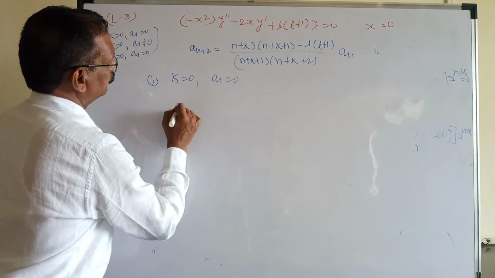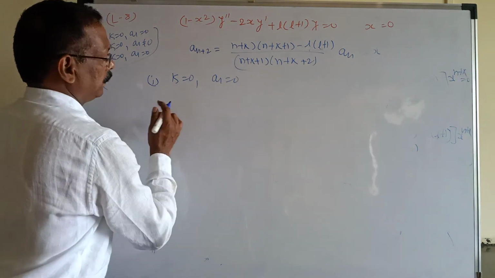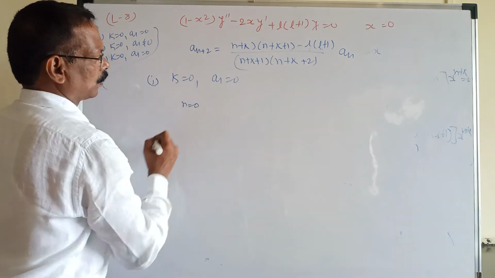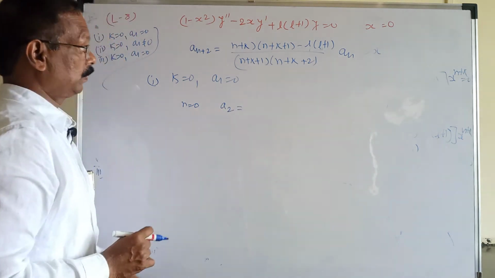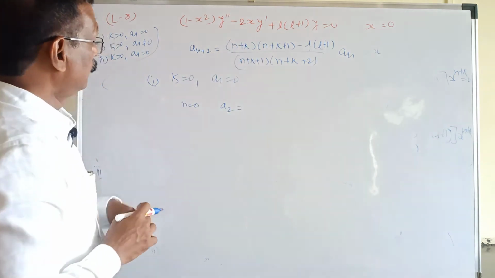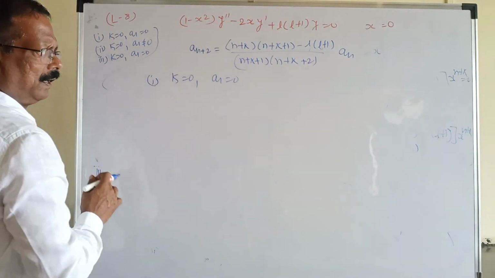So we get a(n). The first case is n is equal to 0, which gives us a2. What is the equation for k is equal to 0?